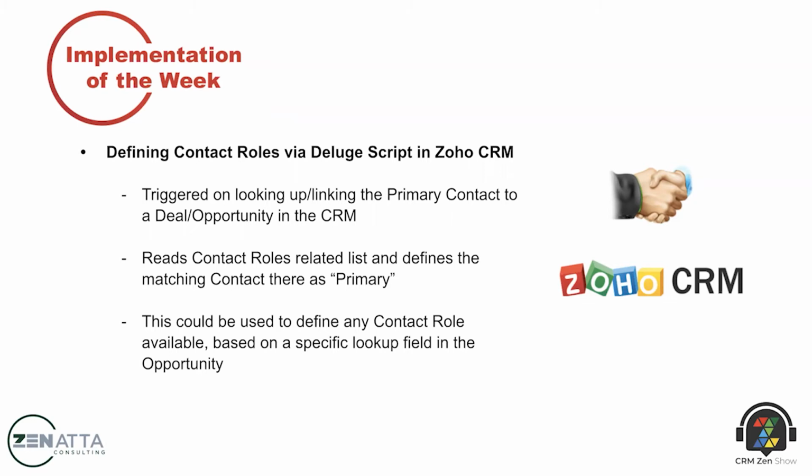So there's no way to set a default role that the person that goes in that field is the primary contact. And so what we did is basically write a quick script where when you link that person to that lookup field inside of the deal, it'll actually read the contact roles, find the matching contact, and then define their role as a primary contact.